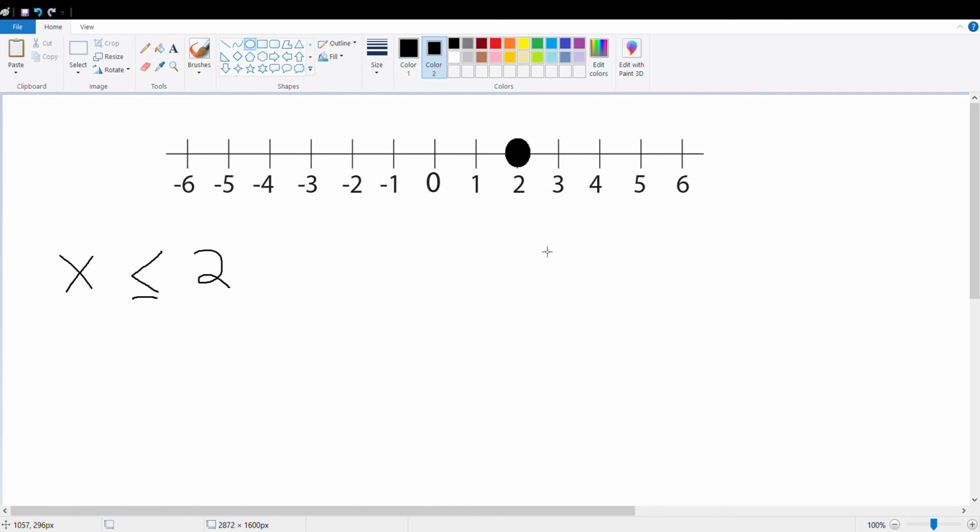So this time, we're going to shade in or fill in around the number 2 spot and draw an arrow to the left, which symbolizes that all of the true possibilities for this, x is less than or equal to 2, include all of the numbers from 2 to the left, including 2 itself, because in this case, it could be equal to 2.